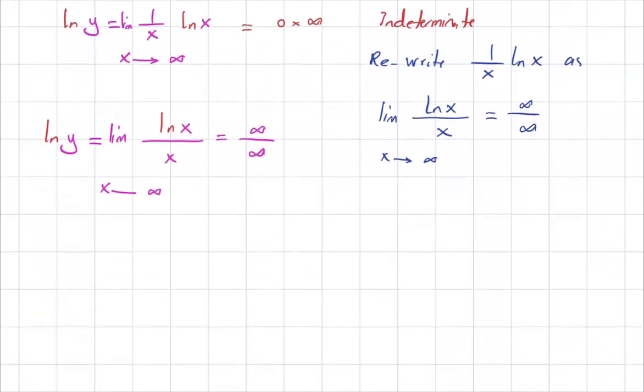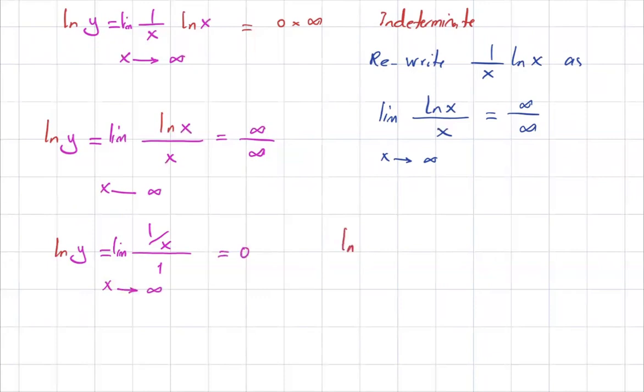So ln of y is equal to taking the derivative of ln of x, which is 1 over x, divided by the derivative of x, which is 1, then taking the limit as x goes to infinity, you get 1 over infinity, which is equal to 0.